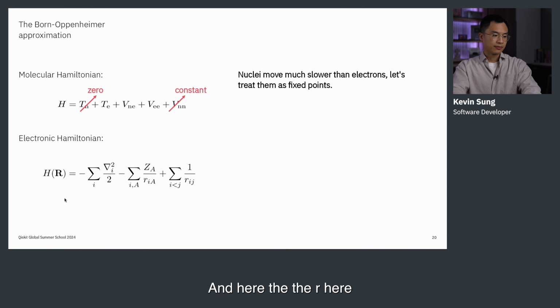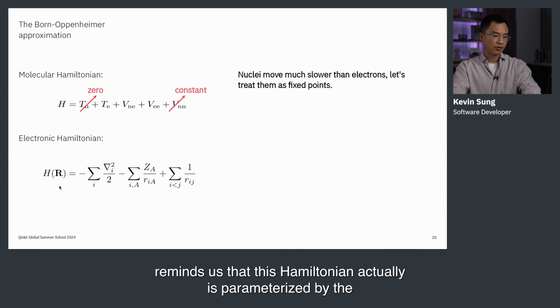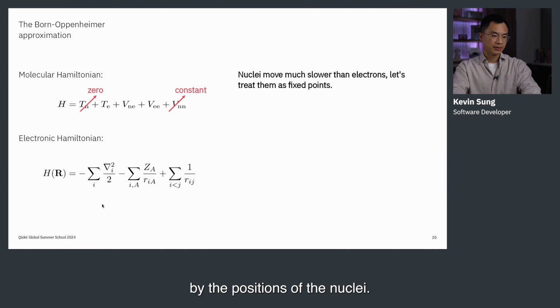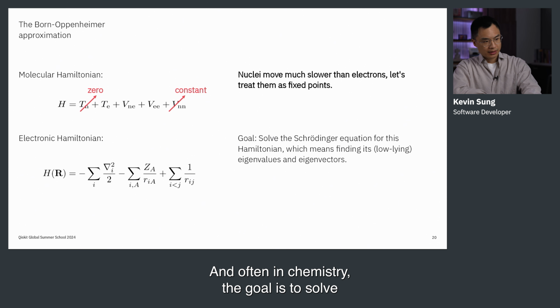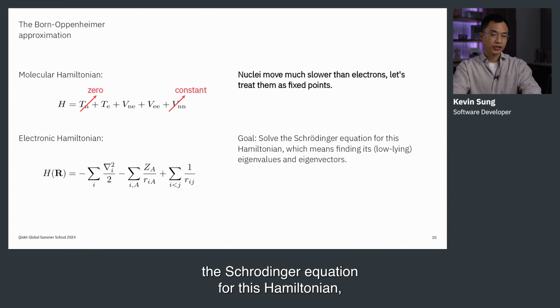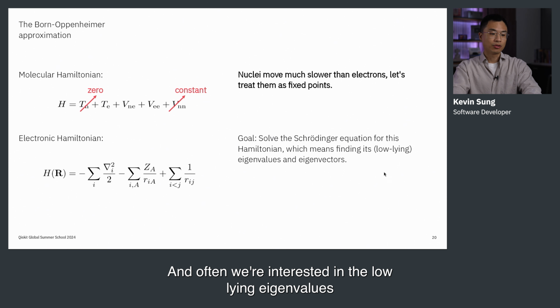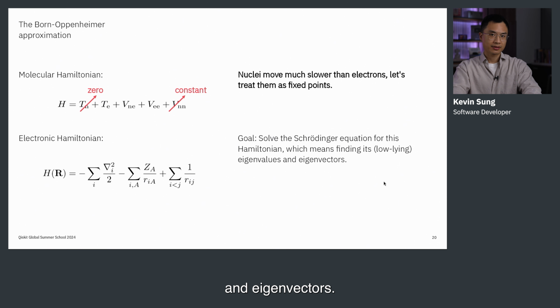And here, the R reminds us that this Hamiltonian is parameterized by the positions of the nuclei. And often in chemistry, the goal is to solve the Schrödinger equation for this Hamiltonian, which means finding its eigenvalues and eigenvectors. And often we're interested in the low-lying eigenvalues and eigenvectors.